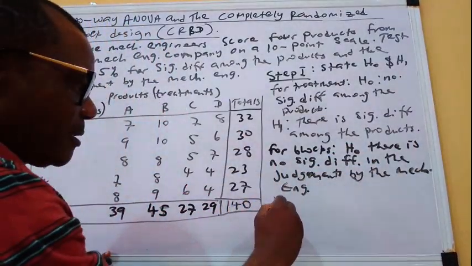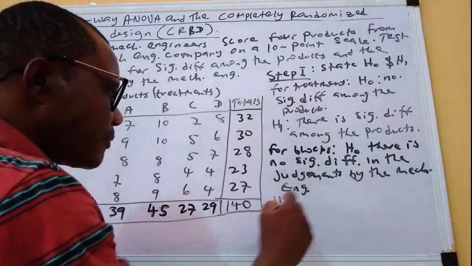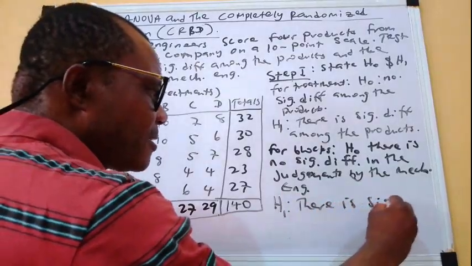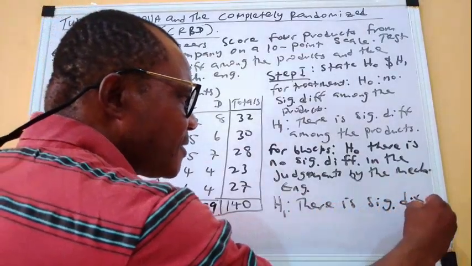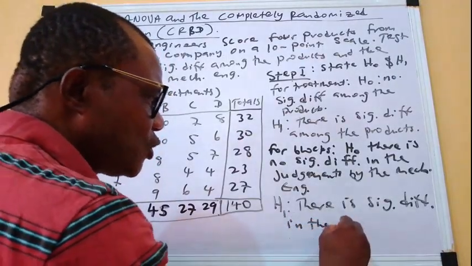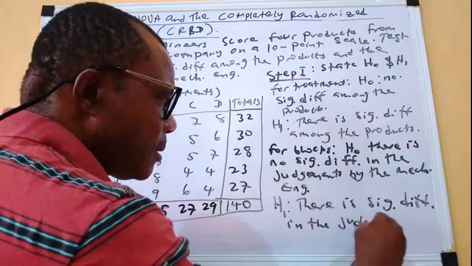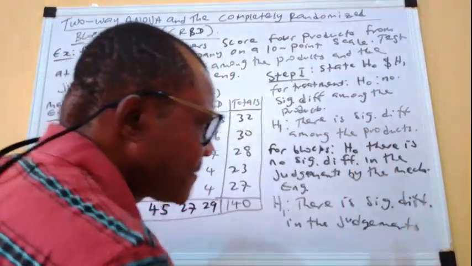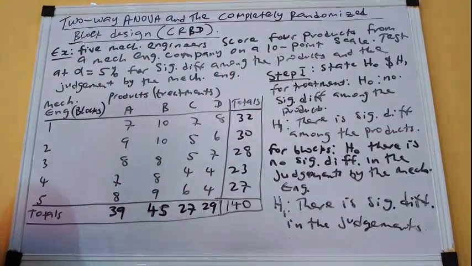Then our H1 will be: there is significant difference in the judgment. That means the judgments are different. I'm talking about the various judgments by the 5 engineers.